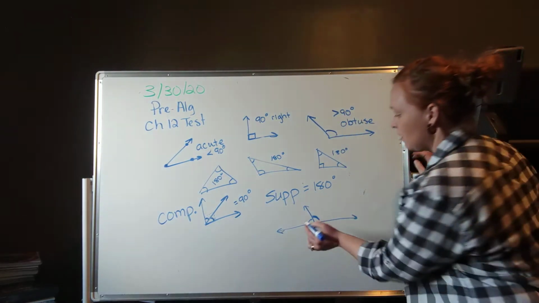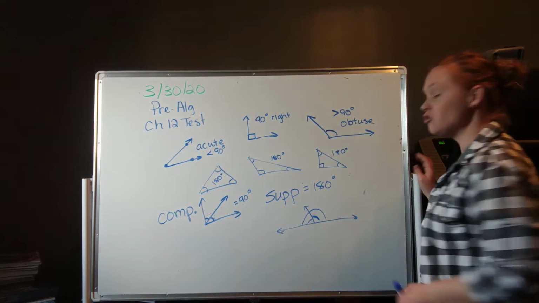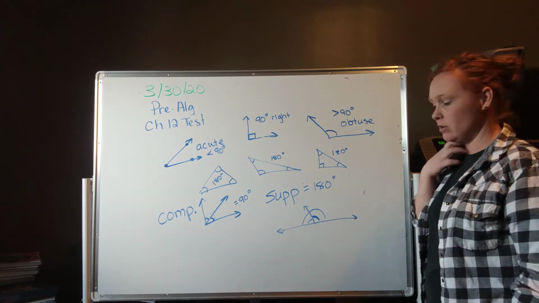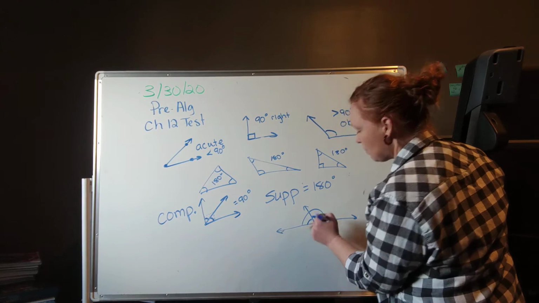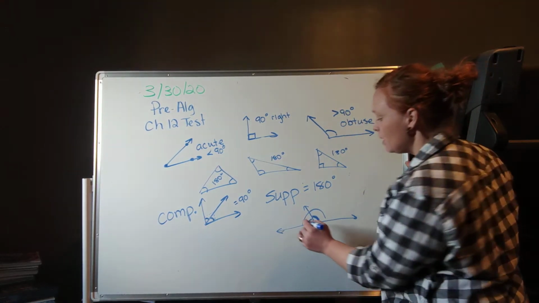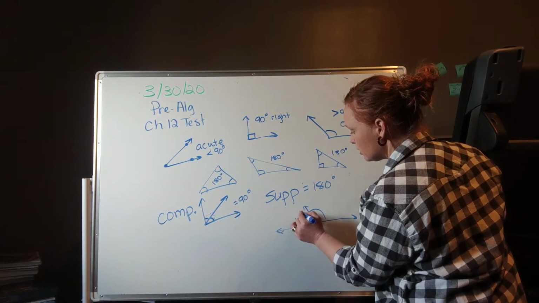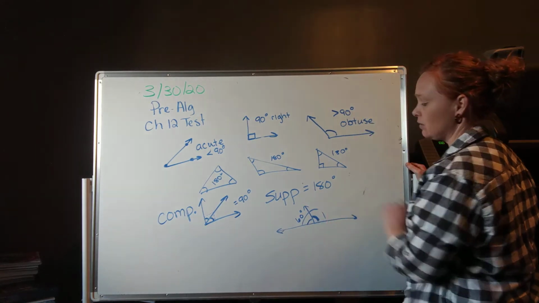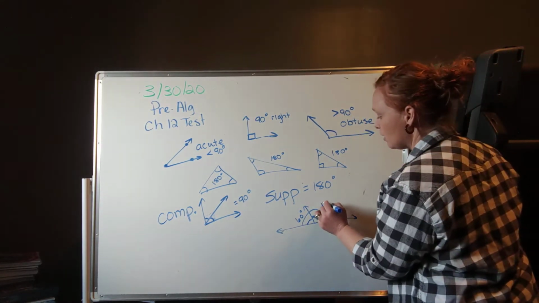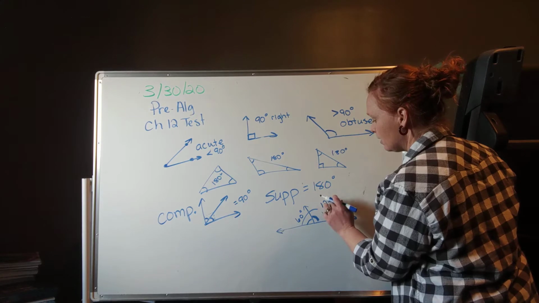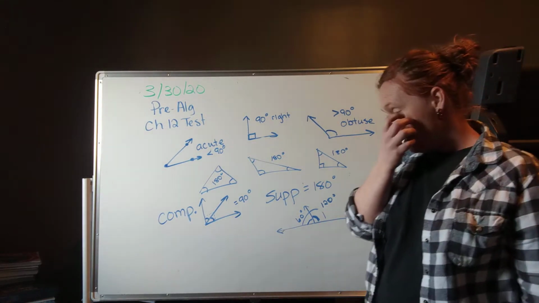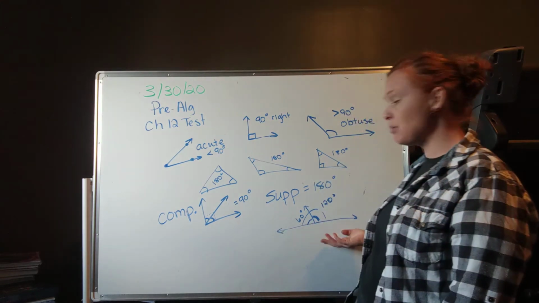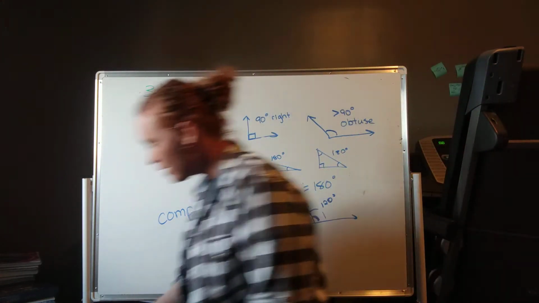When we look at the thing as a whole, we can see that it's a straight angle, which we've talked about being 180 degrees. But I can see that if I were to add these two up, it would be 180. Okay, so if this one was 60 degrees, what would this angle need to be? I hope you're saying that would be 120 degrees to equal 180 degrees in all. Complementary angles, supplementary angles. Okay.